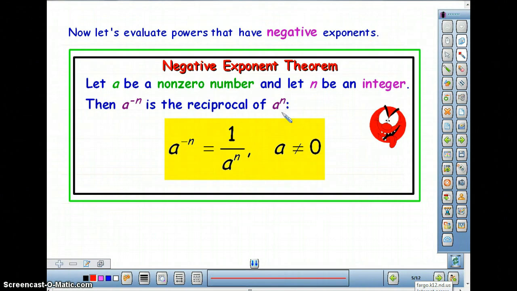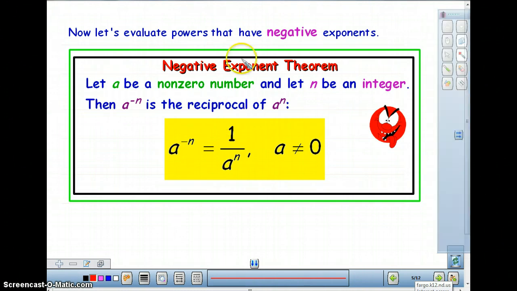Okay, negative exponents are a little bit different. We don't like to have negative exponents. So what's going to happen when we have a negative exponent is what we're going to talk about right now. If I have a number to the negative exponent, I have to put it into the denominator of my fraction.